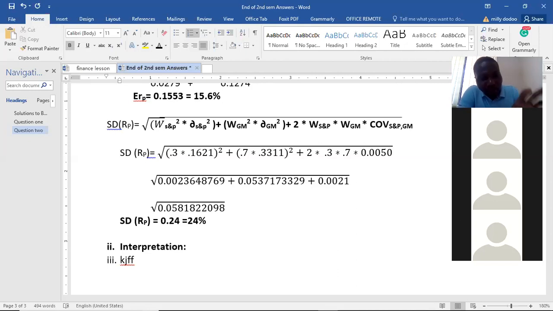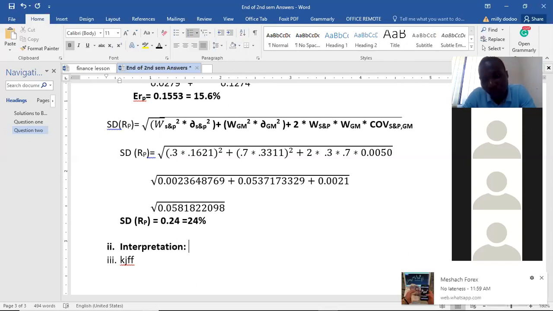Now you are expecting to get the 15.6. How sure are you that you get the 15.6? You are 76% sure that you get the 15.6. But you are 24% unsure that you get the 15.6, and that is the risk.